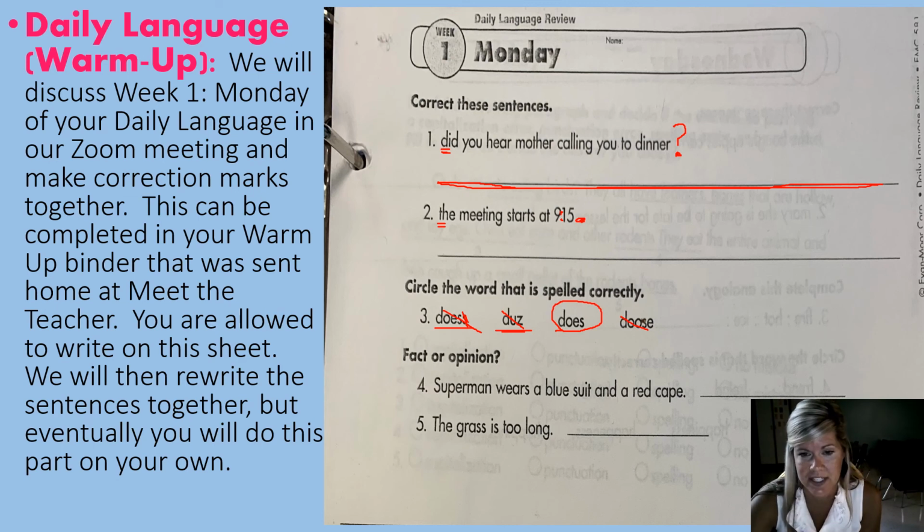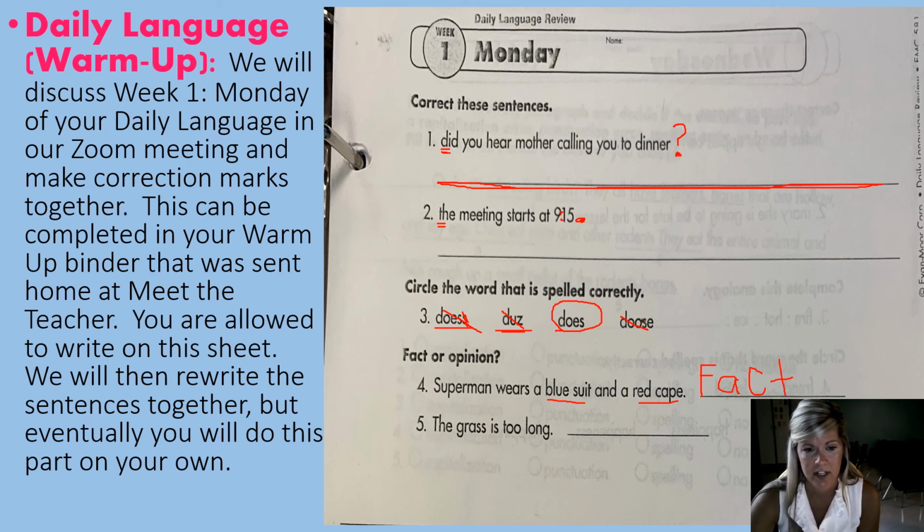Yes, so we would say that is a fact. Okay, the reason we say this is a fact because it tells me blue suit and a red cape. Well, I can look at Superman, his suit, and tell that it's blue, and his cape and tell that it's red, to know that that's a fact.